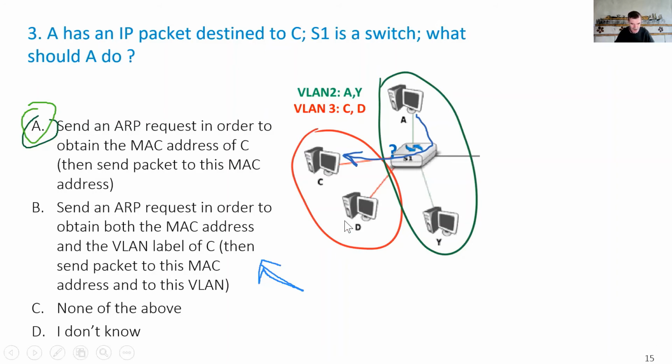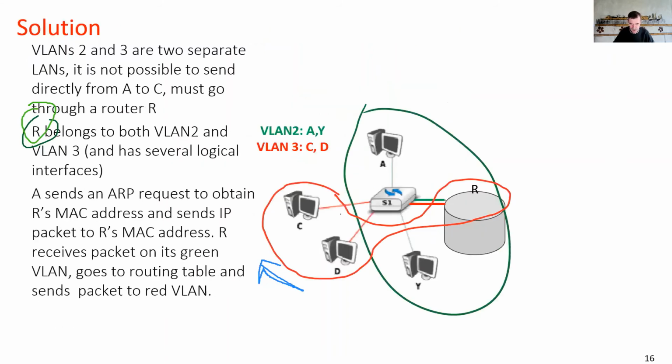The correct answer is neither A nor B, because, as I said, a virtual LAN separates the LAN. So the red and the green LAN are truly separated.